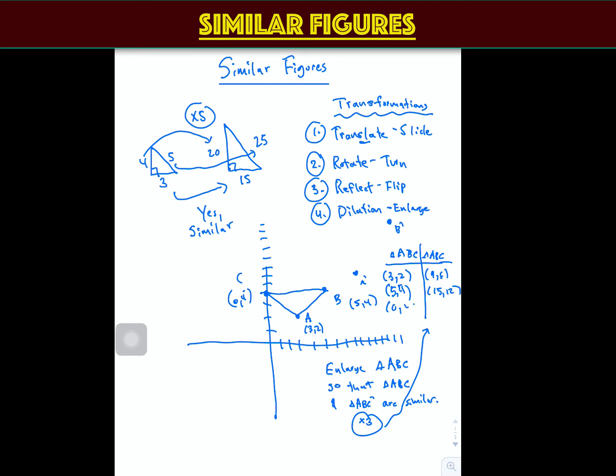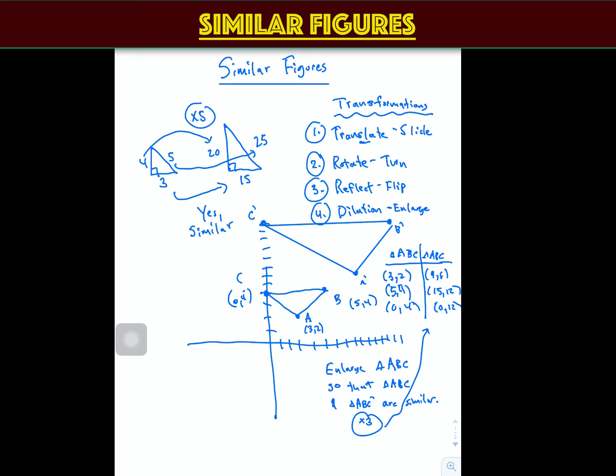Many of you may have caught that already. Point C. So there are the new points. There's our new triangle.